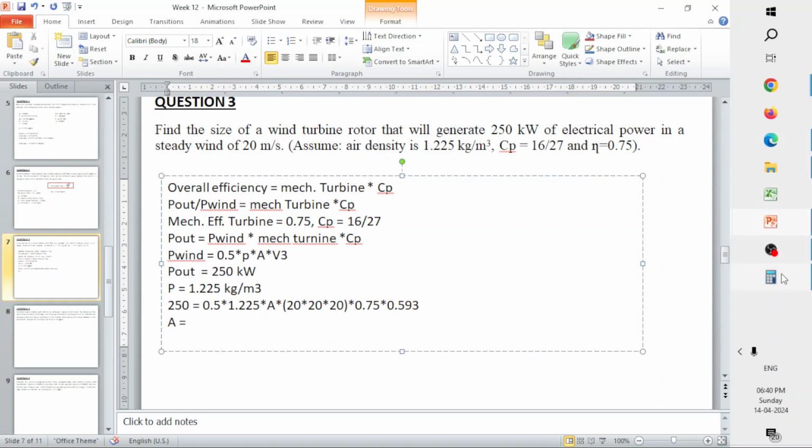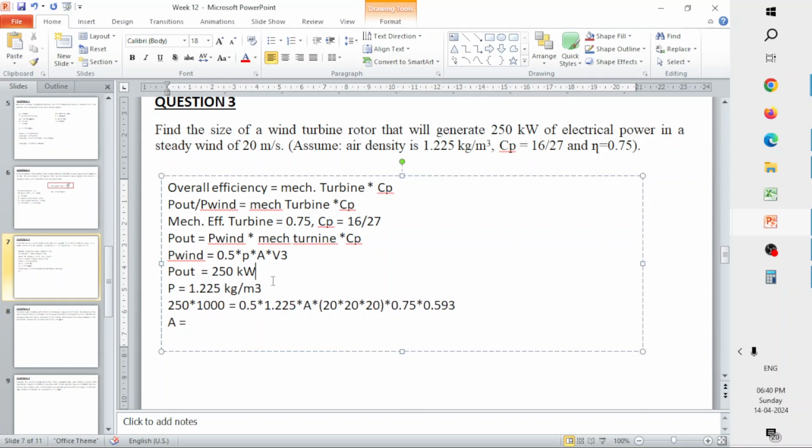So let's just calculate. The electrical power you are going to get out is expressed in kilowatts, but what you will get from this expression, P wind times the mechanical efficiency of the turbine times Cp, will be in watts. So we need to express kilowatt in terms of watts, which is multiplied by 1000.